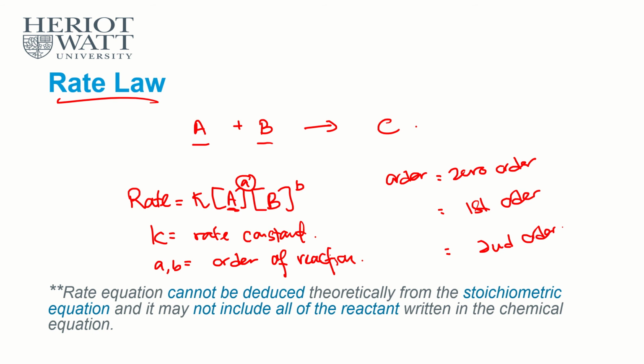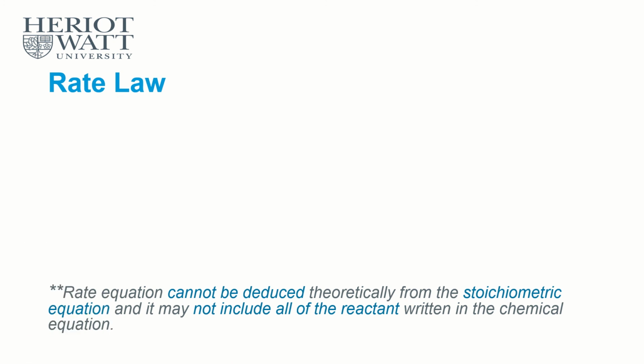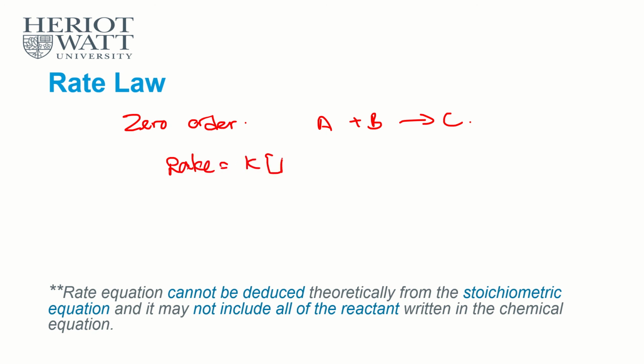So let's do the orders of reaction now. Let's start with zero order. Zero order means that when you have A plus B changes to C, the rate equation will be equivalent to k concentration of A, concentration of B, and zero order means that I have a zero here.